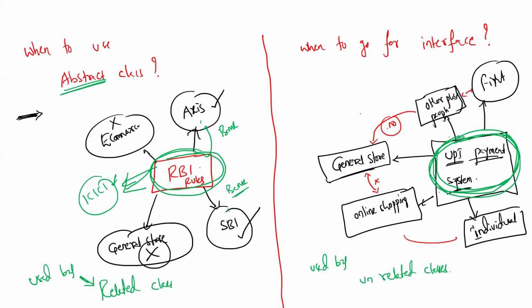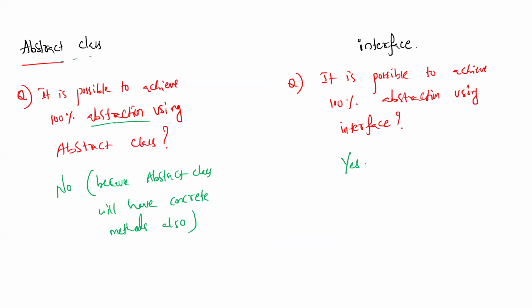So what are the differences between abstract class and interface? Abstract classes are used by related classes only, and interfaces are used by unrelated classes. In the previous slide, one more difference: by using abstract classes it is not possible to achieve 100% abstraction because of concrete methods, but by using interfaces we can achieve 100% abstraction because of all abstract methods.